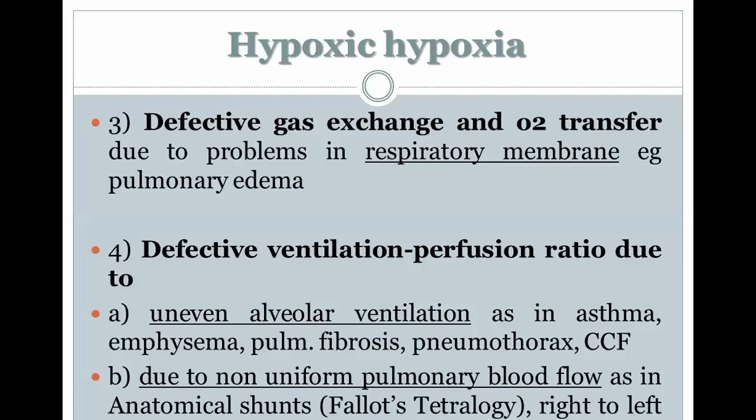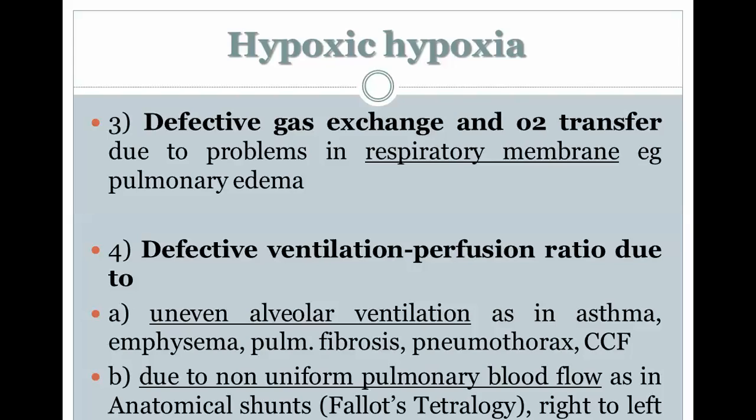Membrane is normal. But there is a shunt between the right side and left side of the heart. Arterial, venous and arterial. So always there will be a shunt. If it's a right to left shunt, it's a problem because there will be deoxygenated blood shunted to the left side, and it's always hypoxemic, whatever there is, and it will not respond to oxygen.